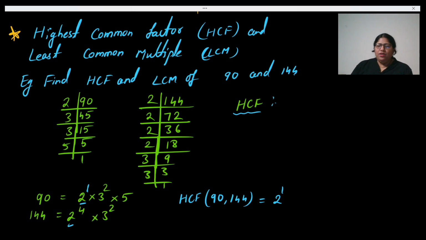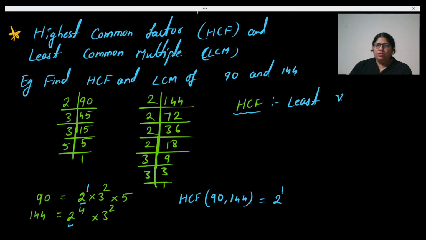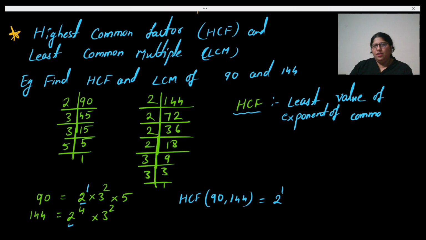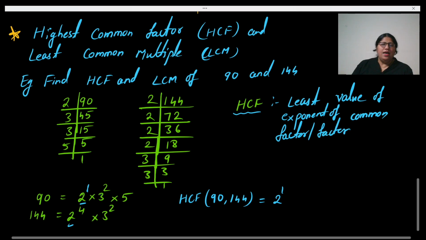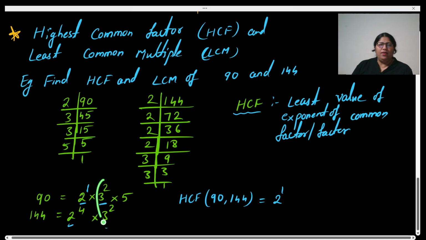That means whenever you take the HCF, you take the least value of the exponent of the common factor, or factors, because more than one common factor is possible. Now again 3: if you take these two values, 3 square and 3 square, it is the same.